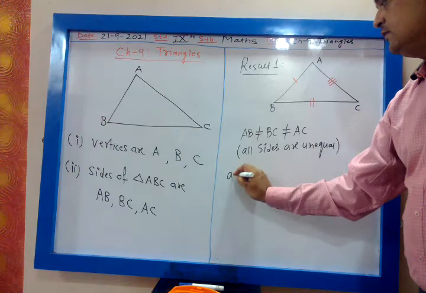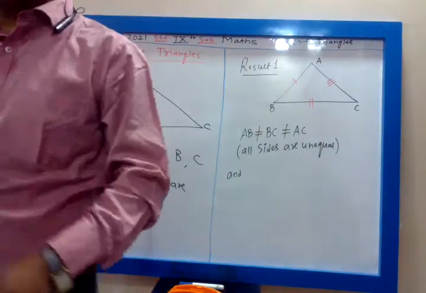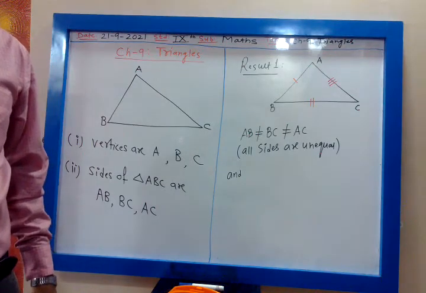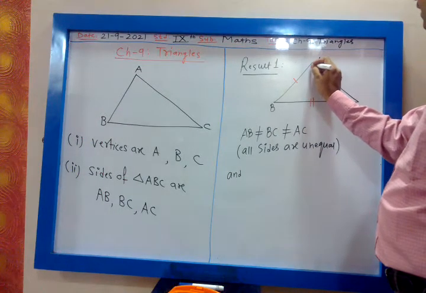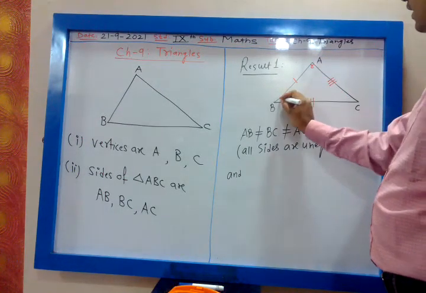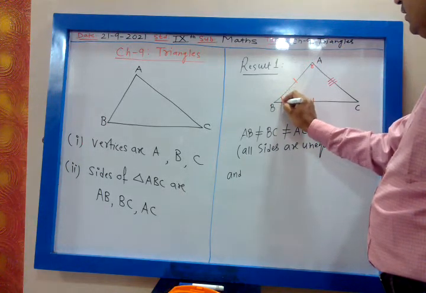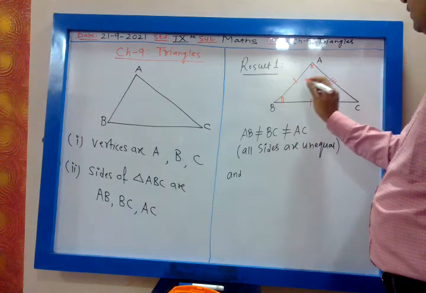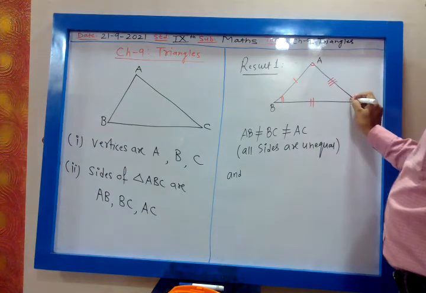So sides are unequal and angles are also unequal. For angle A I have used this symbol. For angle B I have used this symbol. And for angle C I have used this symbol.